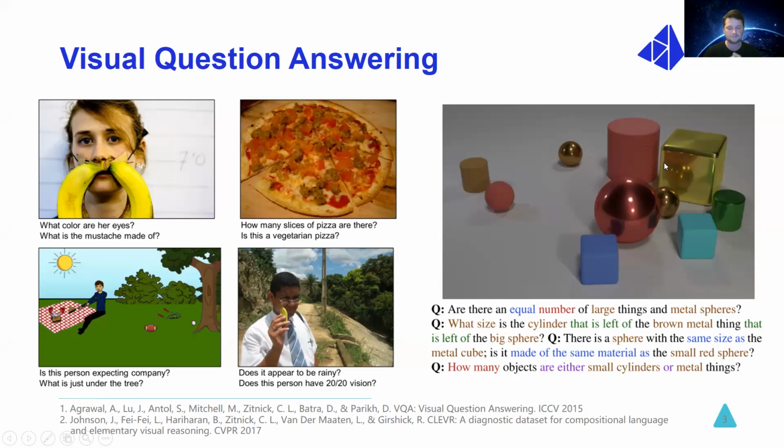and so on. Another interesting property of this data set is that it's called diagnostic, because the authors of the data set eliminated biases about questions and images. The usual problem with the VQA task is that the system can answer questions without looking at the image.